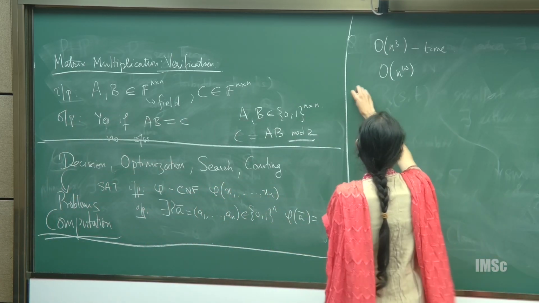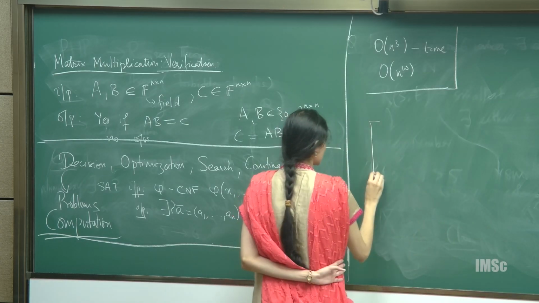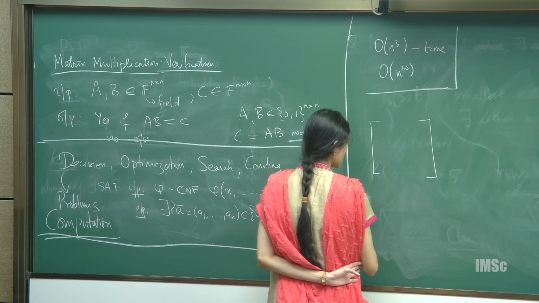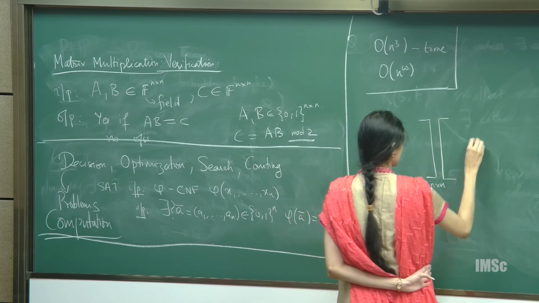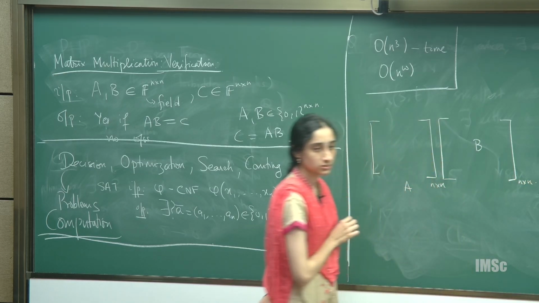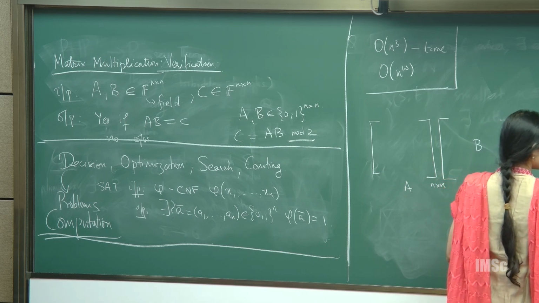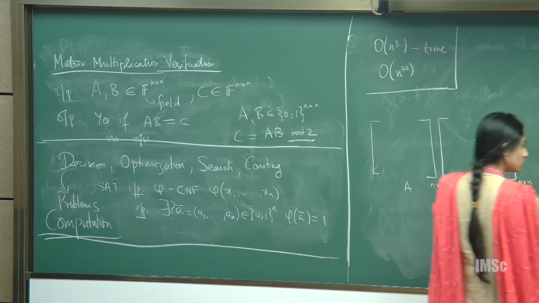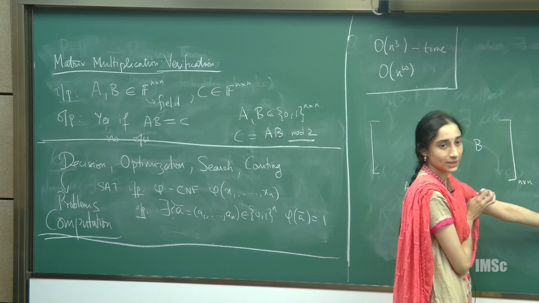So maybe I'll give a hint and then you can try to figure out. A, B are n cross n matrices, and C is another n cross n matrix. So at the moment it's not clear whether AB is actually C, right? And you don't want to multiply.